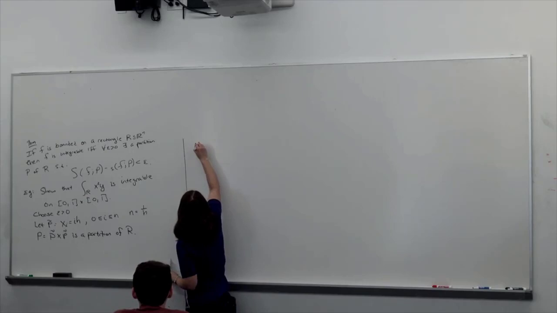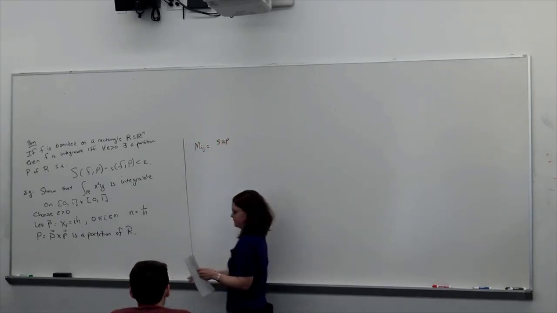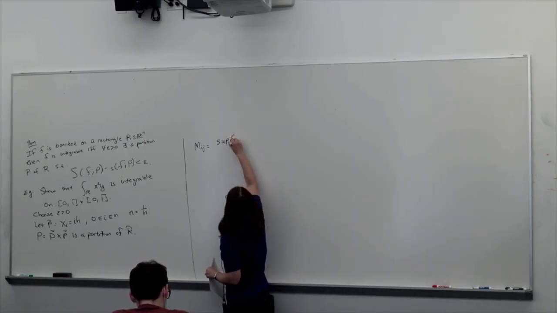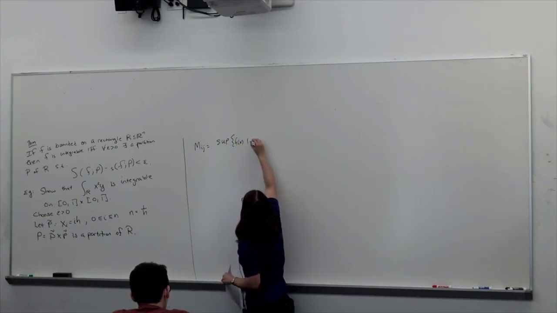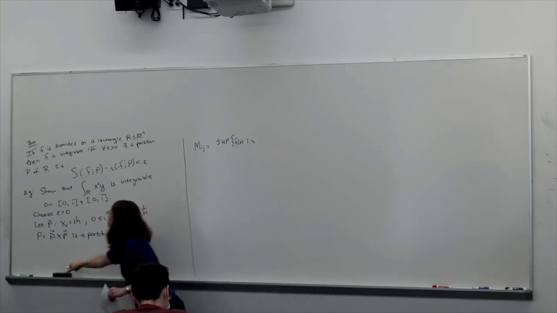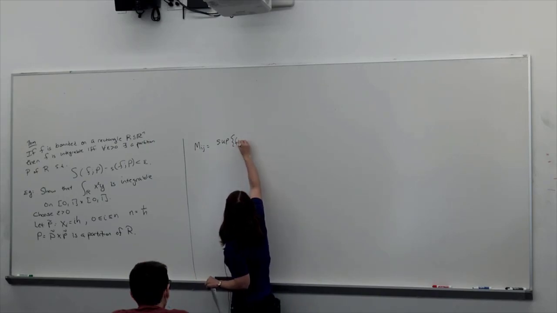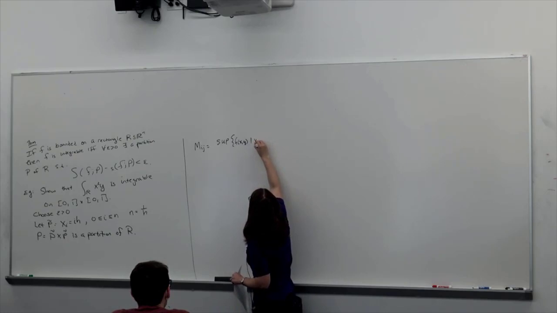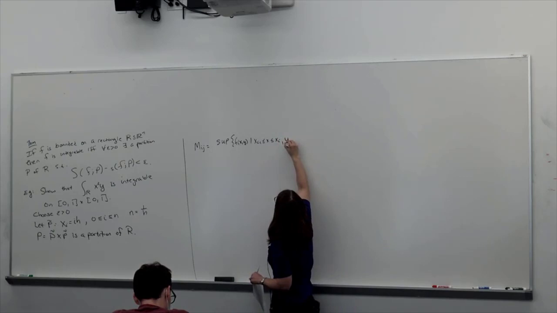Okay, so if Mij is supposed to be the supremum of our function f(x, y), where x is in the ith subinterval, and y is in the jth subinterval.